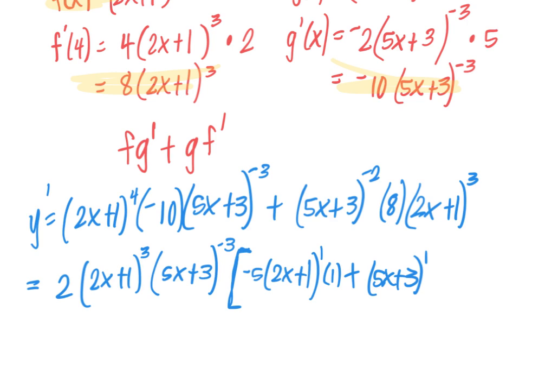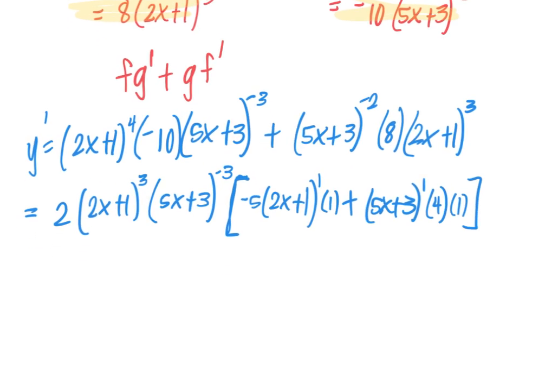Now we're going to say 8 divided by 2 is 4. And we're going to say 2x plus 1 to the third power divided by 2x plus 1 to the third power is just 1.